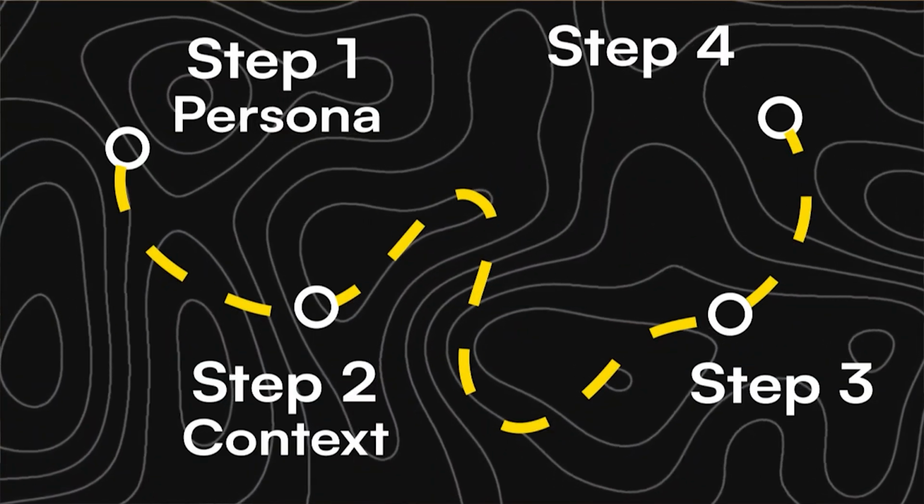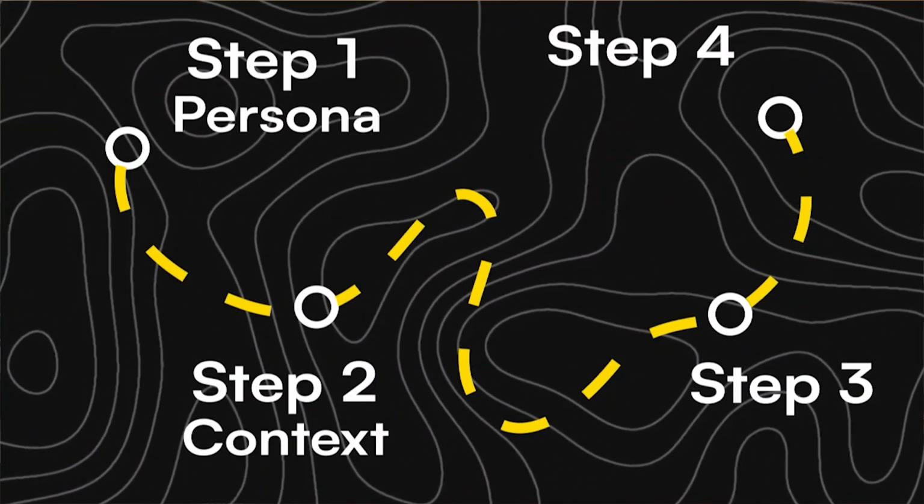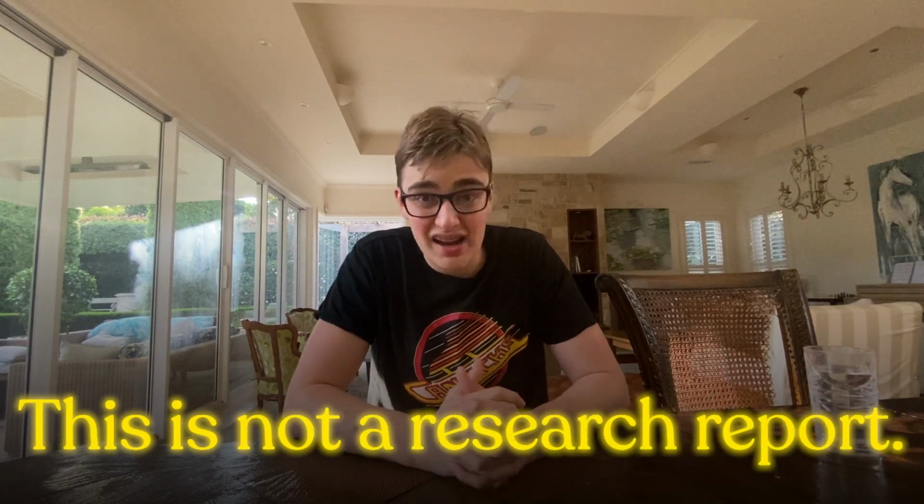And this next part of the formula is the simplest, but also the easiest to screw up, because of the massive mistake that I used to make every single time and that absolutely destroyed the results. You might think that more information equals a much better output. And you'd be right, because the more information the AI has to go off, the more it can tailor advice to your situation. But this is not a research report.